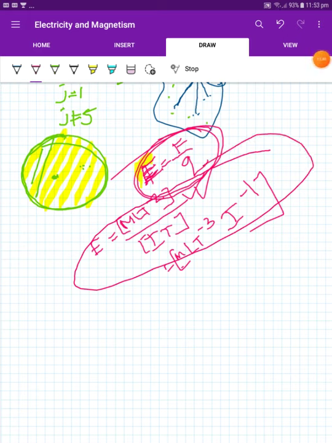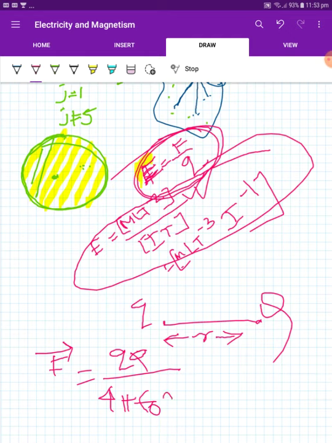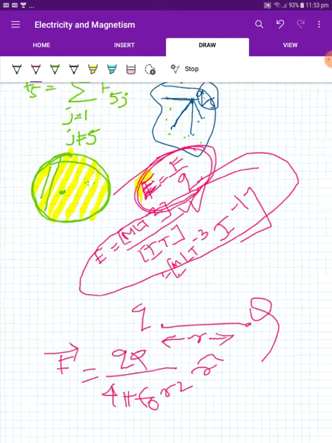Now for two point charges kept at a distance r from each other, if we consider this charge to be q and this charge to be q, then the force acting between them, F vector, is q by 4 pi epsilon naught r square into r unit vector in the direction of r.